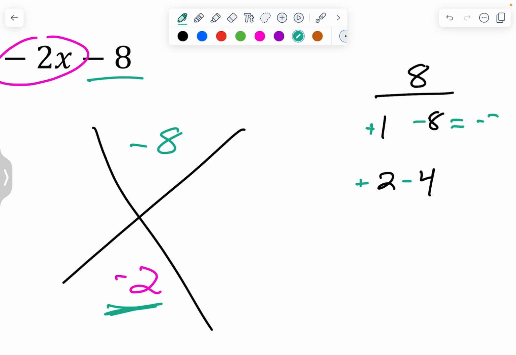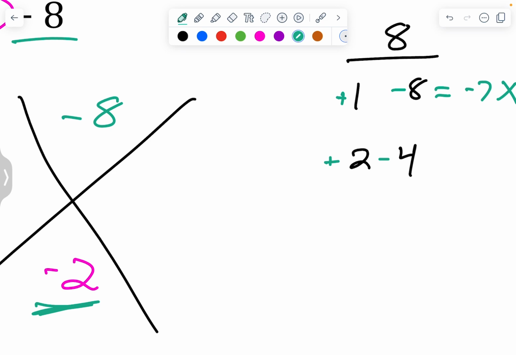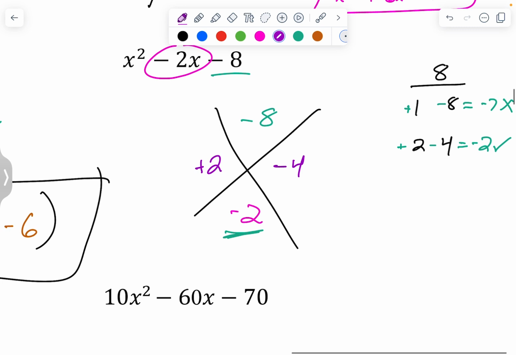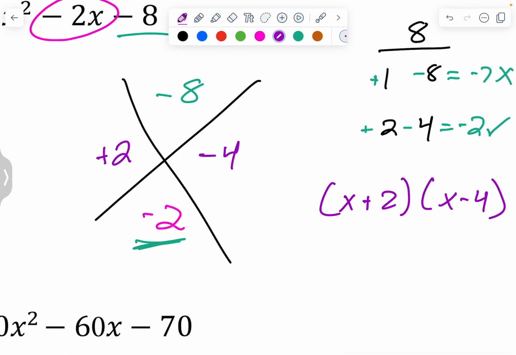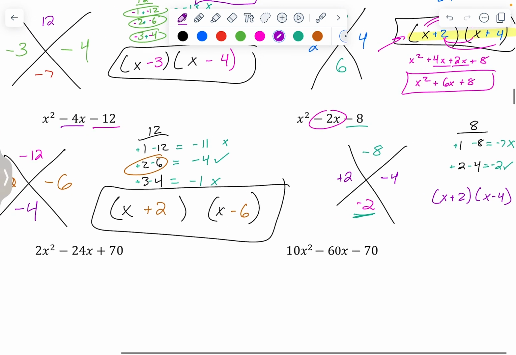Positive 1 minus 8 is negative 7. No, thank you. And positive 2 minus 4 is negative 2. There are my two factors: positive 2 and negative 4. So when I write out those factors, it's x plus 2 and x minus 4. You guys will leave the x's in there. Your two factors just get thrown in next to your x's. All right, look at that. Good work.